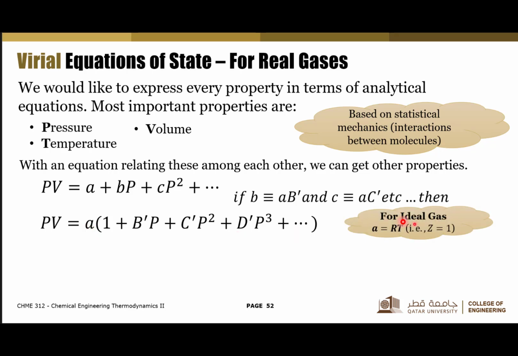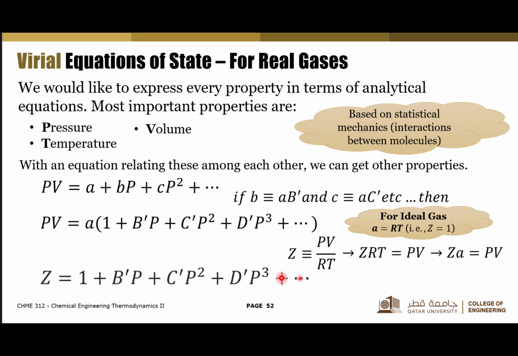Because this A here for ideal gas is RT. Z is 1 if all these coefficients are 0, but this A represents, if it's ideal, RT. So from the equation Z equals PV over RT, if I move PV over A, or PV over RT, then this is Z.